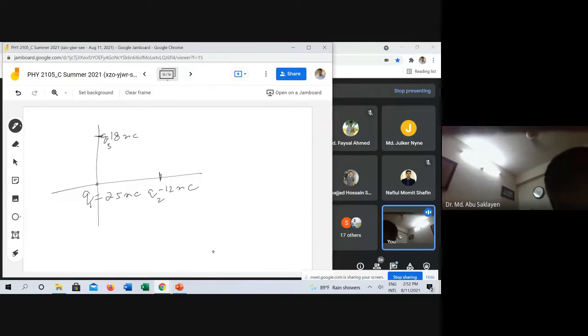Tell me or calculate x equal to 2, and here y equal to 3.